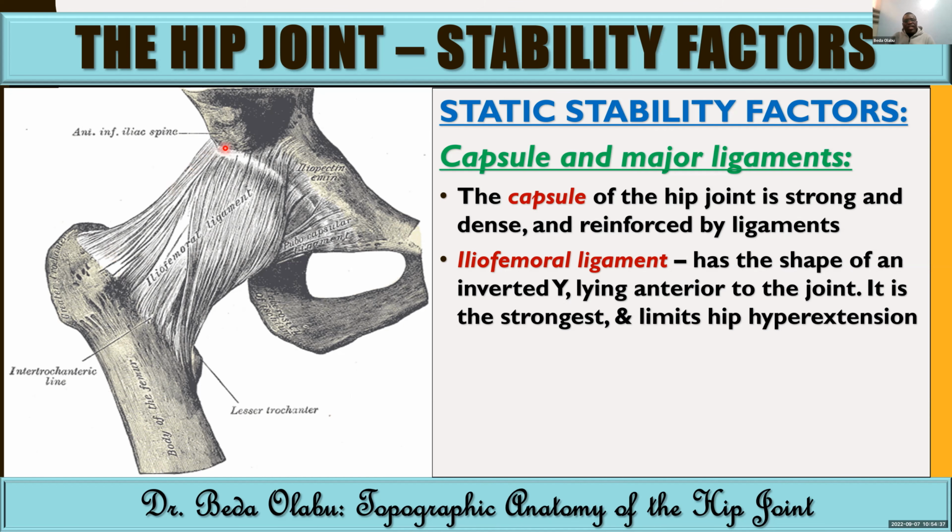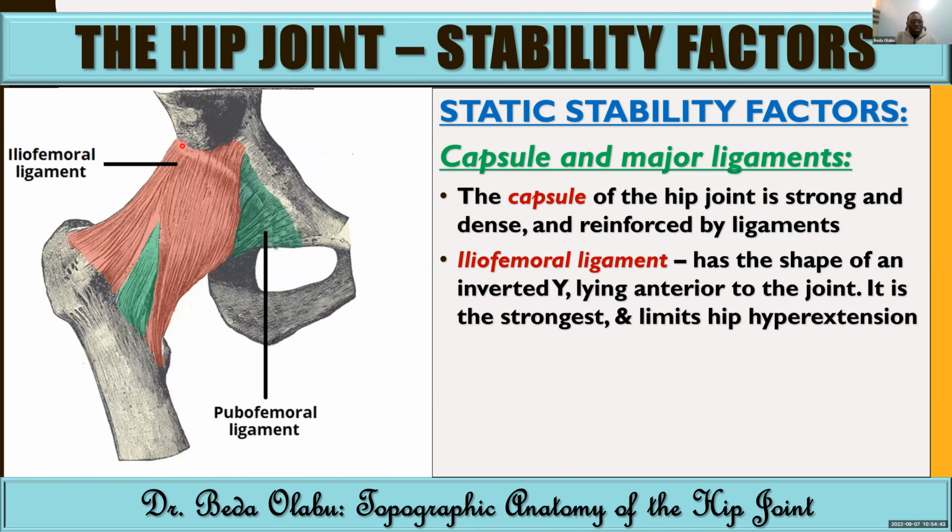So superiorly, it's attached to the anterior inferior iliac spine. Maybe this one shows it better. Anterior inferior iliac spine, that's the superior attachment. The inferior attachment is along the intertrochanteric line. Having said that it's Y-shaped, it means it has two bands.